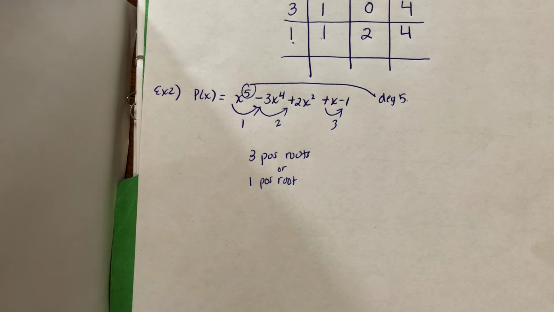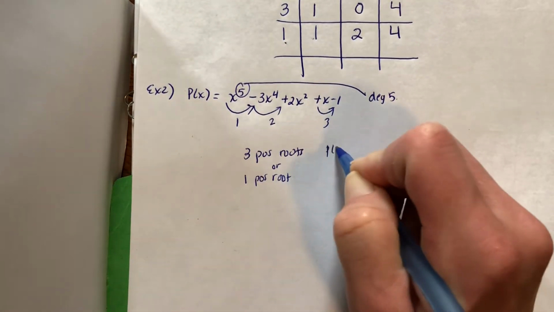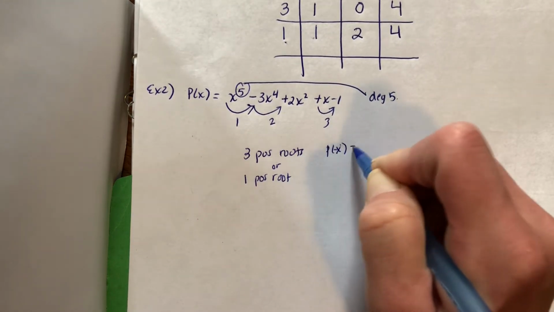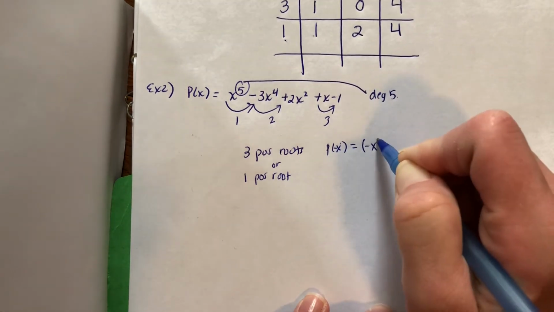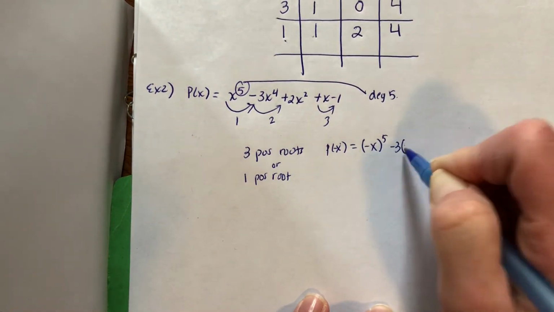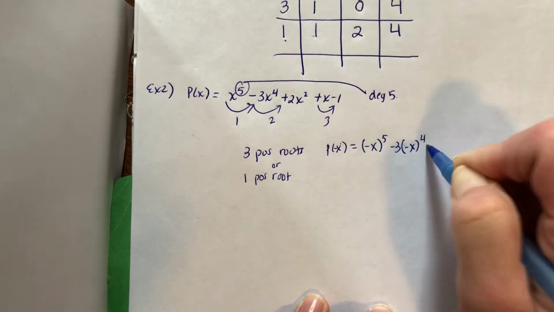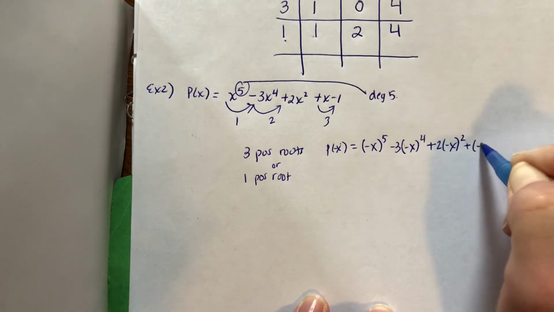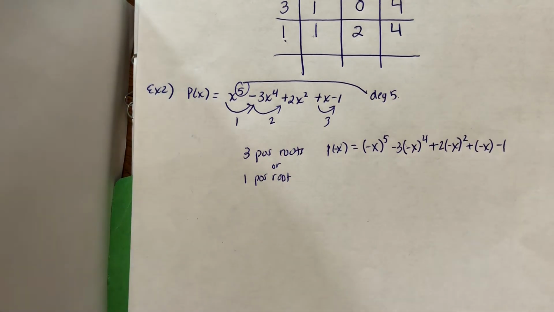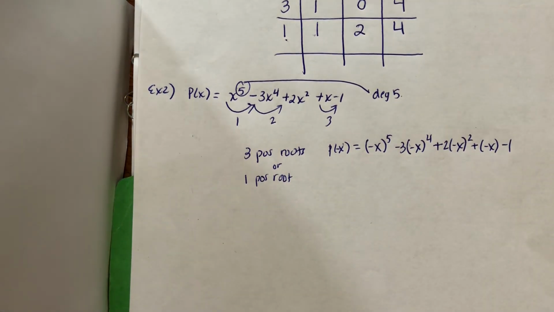So in order to find the negative roots, I would have to then figure out what P of negative x is. So again, replacing every x with a negative x. So once I do that, I've got to evaluate that out first before I could figure out sign changes.